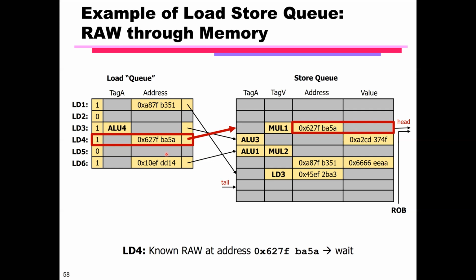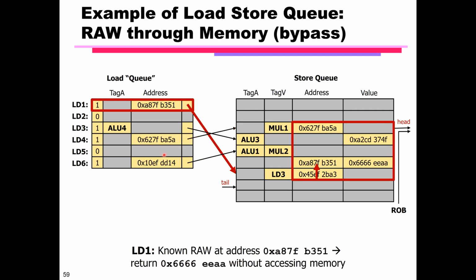And the last case for the load queue that we are interested in is this one, where I go and check if I know of any dependency, and I find that there is a dependency before any of the addresses that are unknown. So again, it's the same discussion that we had a few minutes ago when I was going into the reorder buffer looking for a register. I search from the bottom, I search from the latest store that may have a conflict with me. If I do find a conflict, 87F, 87F, this is the conflict.